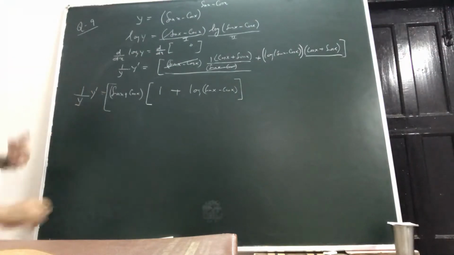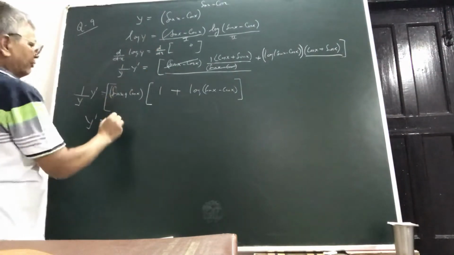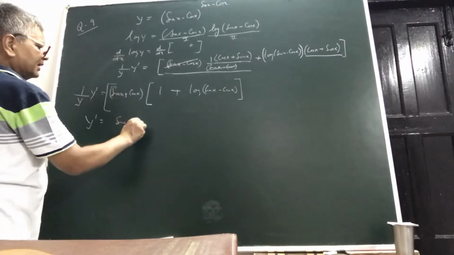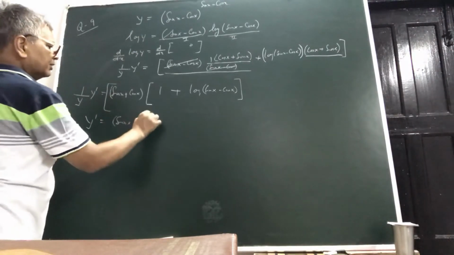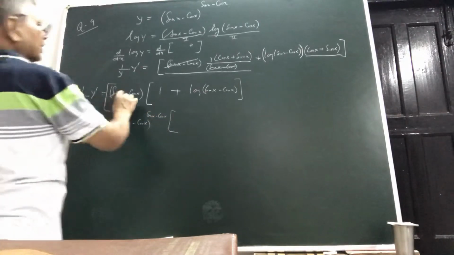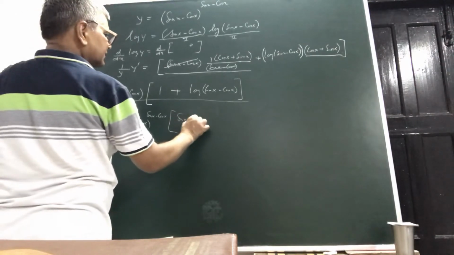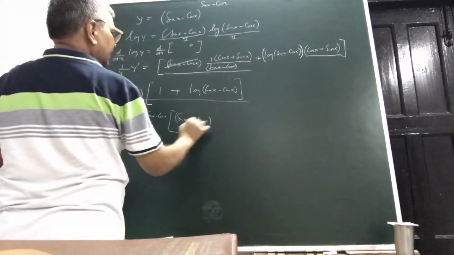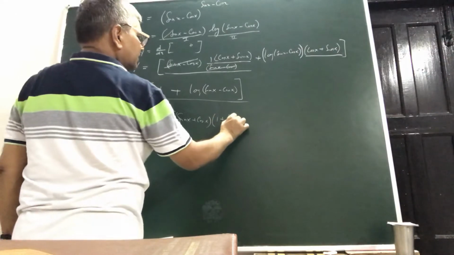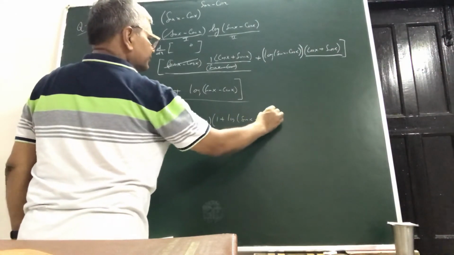And this y is to be multiplied here, so y dash will be nothing but y. And what is the value of y? This whole expression, sin x minus cos x raised to power sin x minus cos x, and then this whole expression, sin x plus cos x and 1 plus log sin x minus cos x. This is the answer which you have to take.